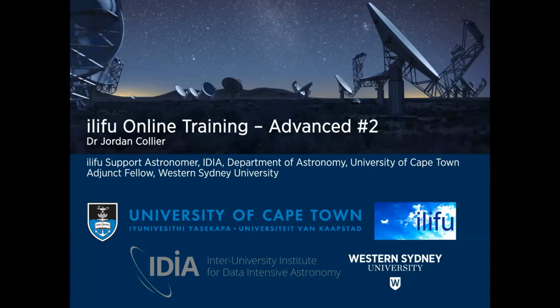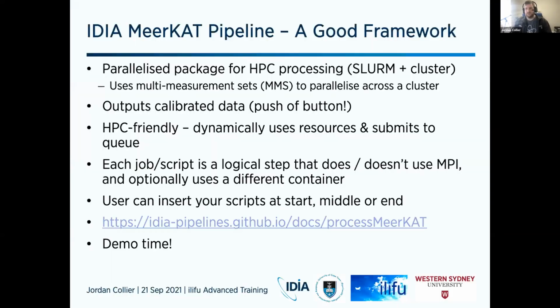So thanks, Robin. As Robin mentioned, I'm going to talk about the resource allocation. Just as a brief extension on parallelism, I want to demonstrate the IDIA MeerKAT pipeline as a framework for how to write a package to do parallel processing and make dynamic use of resources on the cluster. It's not really to show you anything astronomical, even though it is a package for radio astronomy processing.